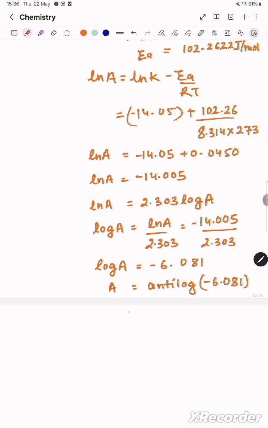After calculating this, the antilog of minus 6.081 will become 0.919 multiply by 10 to the power minus 7.